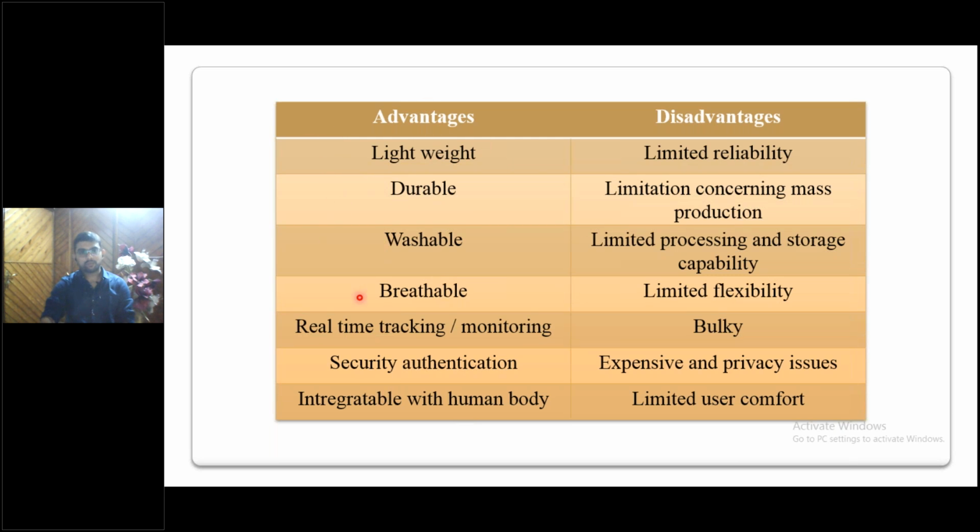And from a theoretical point of view, it looks good. All these things look good, but practically there are some disadvantages, like its reliability is very low. Then we cannot produce this on a mass scale, because till now this is on a research scale, and in developed countries they are doing this for defense purposes, for emergency purposes, but for general consumption of the public, it's still not in use.